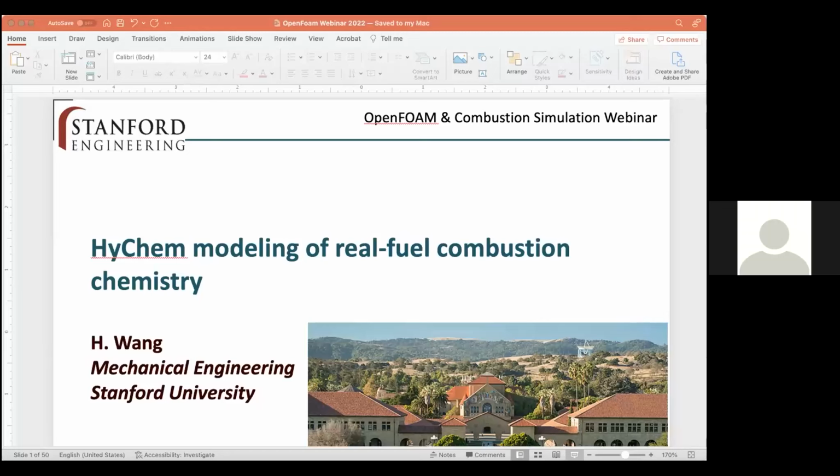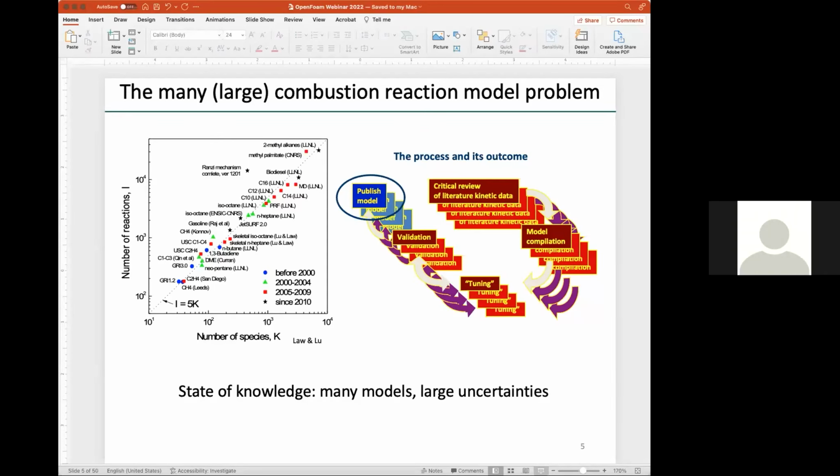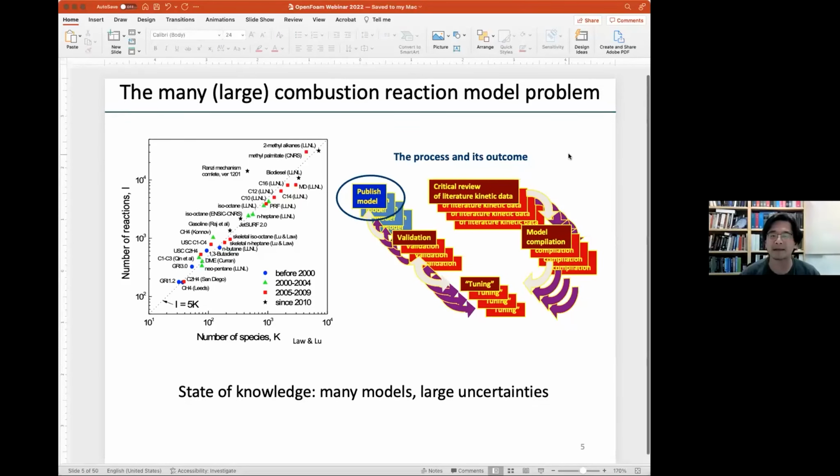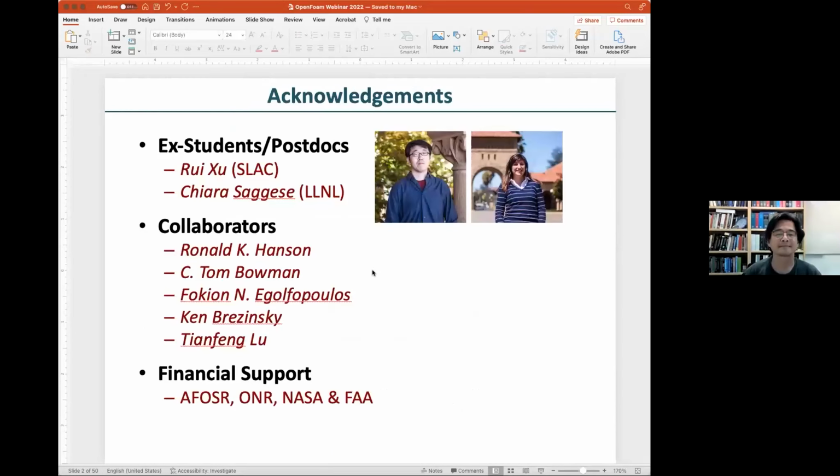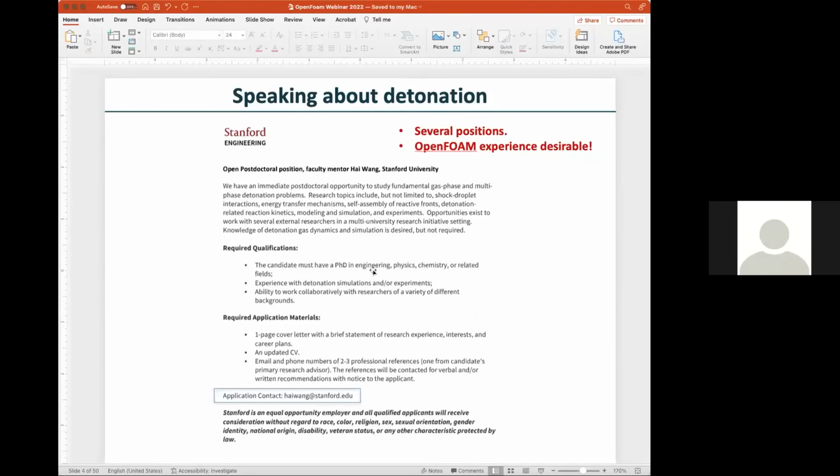We are still on the first slide. Oh, okay, that's strange. Does it show the full screen?